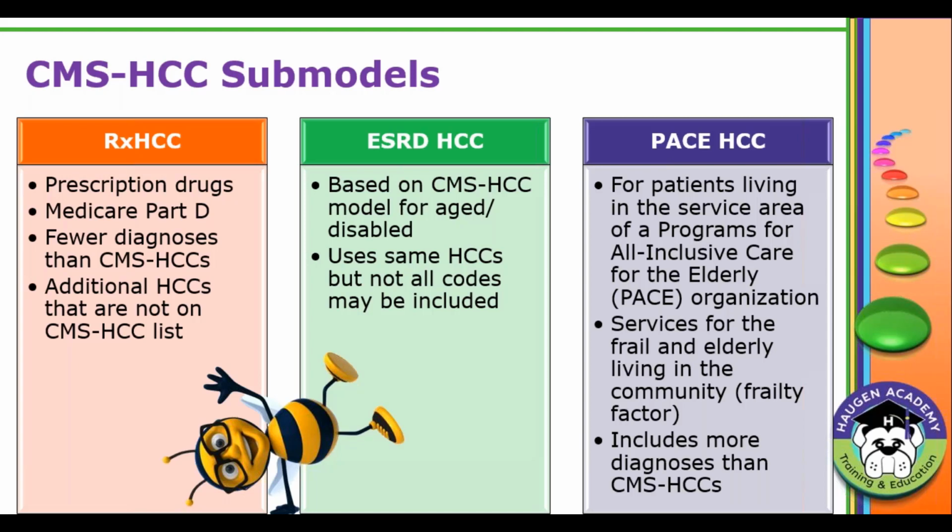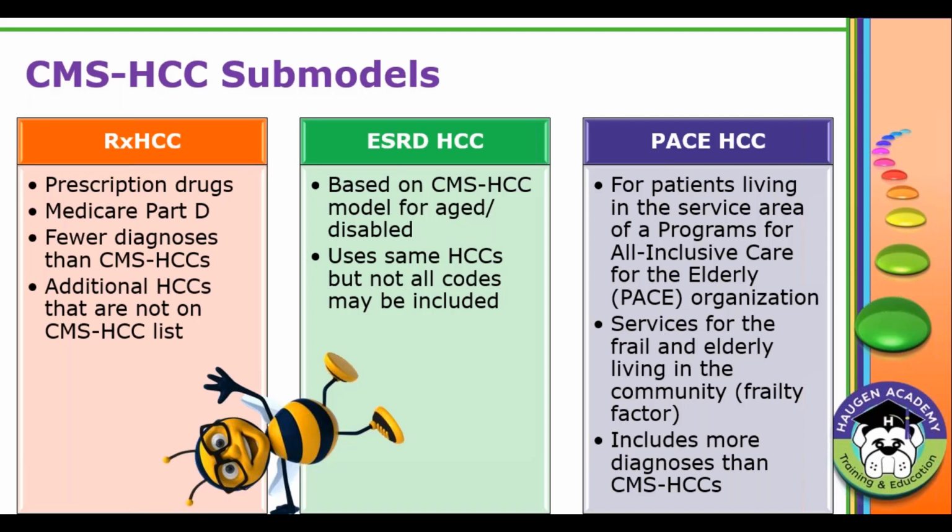So again, we've got the 3 submodels: the prescription HCCs that covers the prescription drugs under Medicare Part D, and these use a lot of the same HCCs that are in the grand CMS HCC model, but there are not as many, so it doesn't use every single diagnosis that is in there.